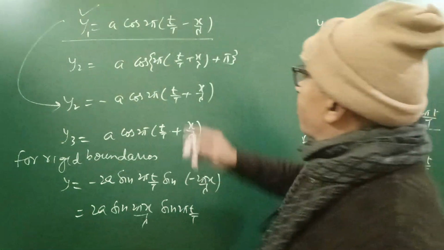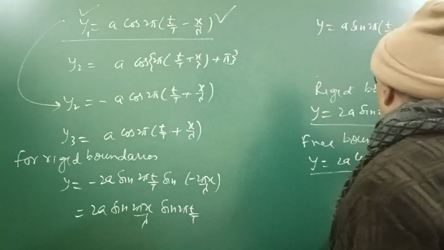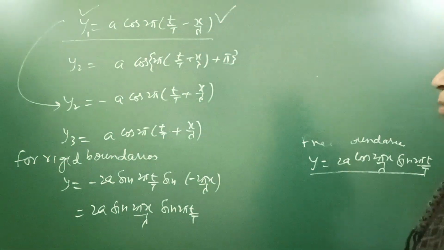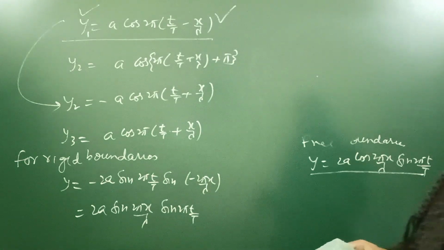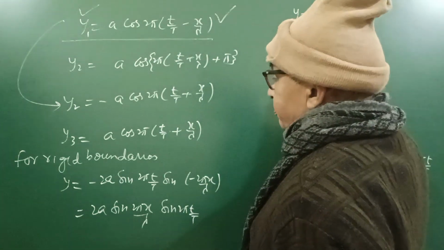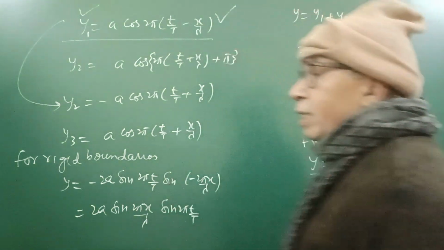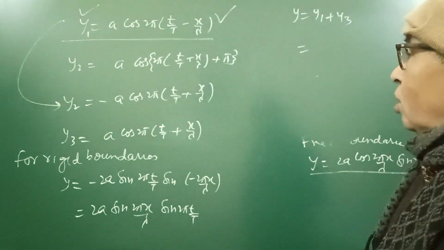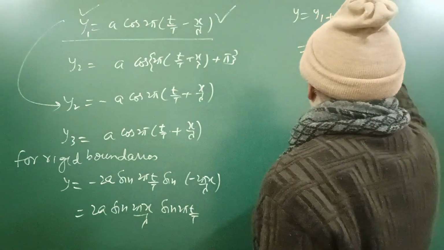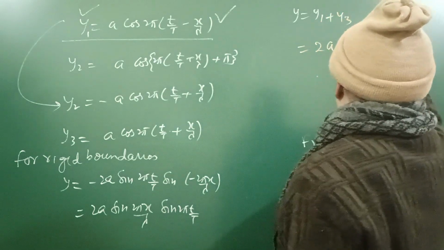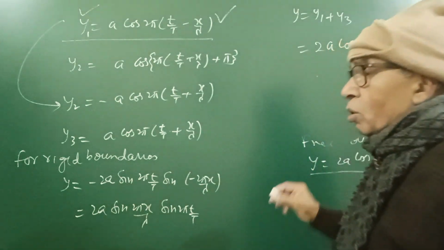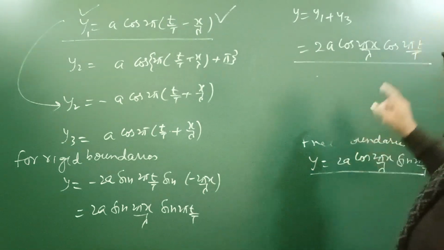It is so if the wave is written in terms of cos, and if y1 and y3 superimpose, then the resultant wave y is y1 plus y3. cos C plus cos D is equal to 2 cos (C plus D) by 2 and cos (C minus D) by 2, so the equation finally will be 2a cos 2 pi x upon lambda and cos 2 pi t upon T. So you may get an equation like this also. Here this is the amplitude.